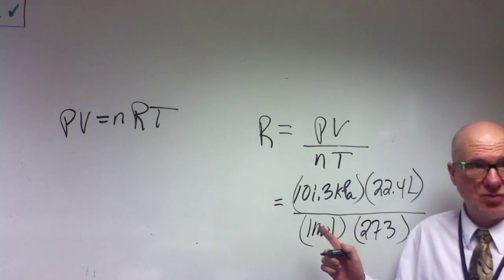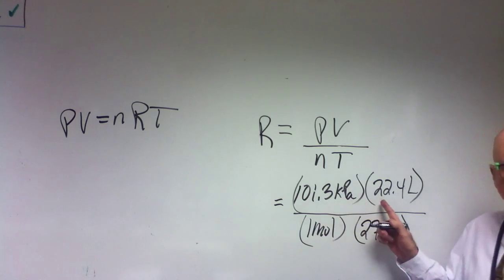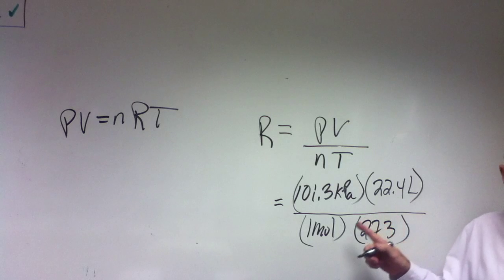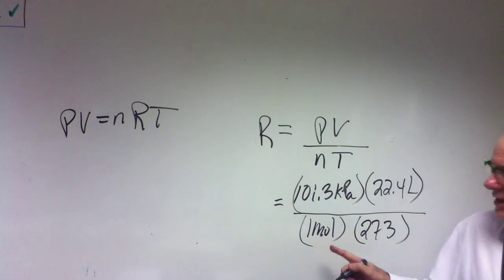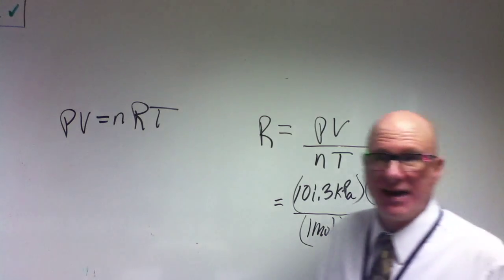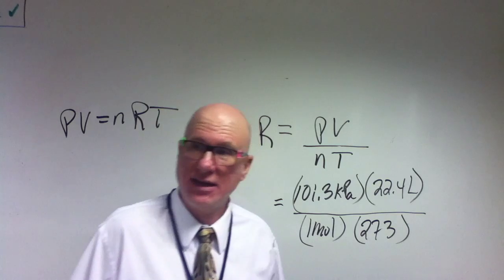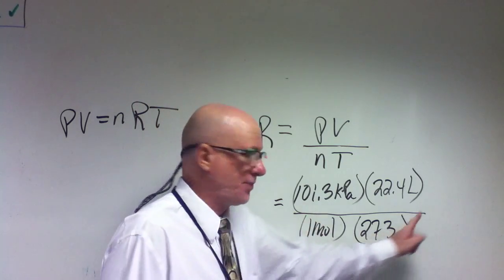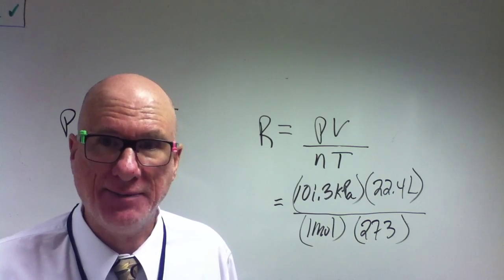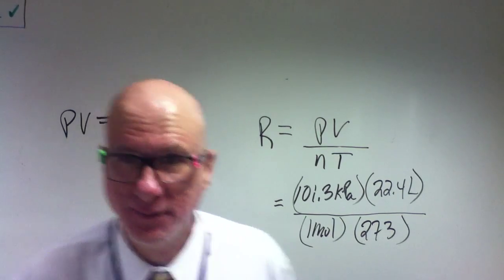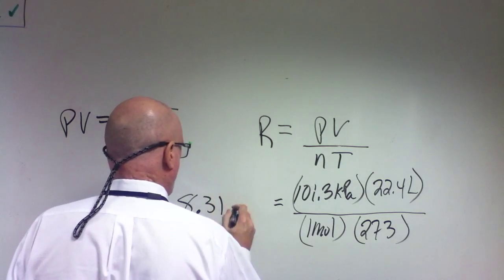Now, right now, calculate this. 101.3 times 22.4 divided by 1. You don't really have to do that. Divided by 273. But every time you go into the denominator, you have to hit divided by unless you put parentheses around the entire denominator. What do you get? You get, surprise, surprise, 8.31.